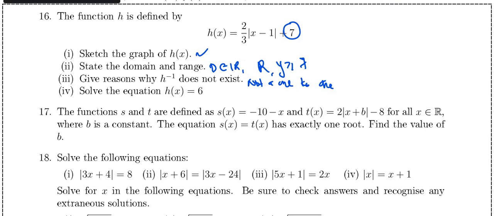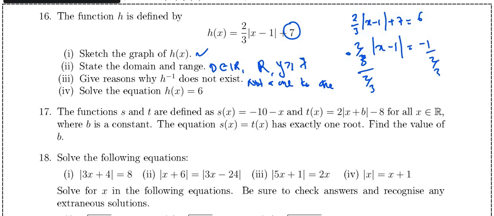Then now number 4, they are telling us to solve the equation where h of x is equal to 6. So 2/3 times the square root of x minus 1, plus 7, is equal to 6. We can take the 7 to the other side. This is going to be -1. Then we can divide by 2/3 on this side and 2/3 on this side.